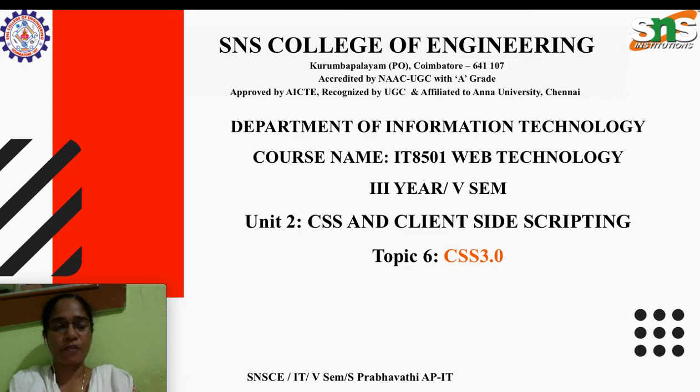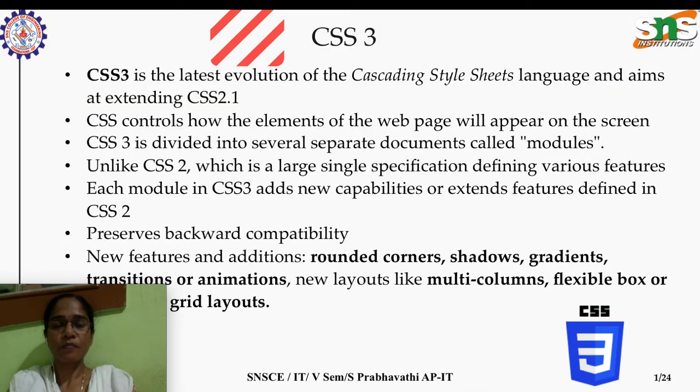So apart from the previous version CSS2, CSS3 has a lot of features. In that we are going to discuss few features, the most important features in CSS version 3. Cascading style sheet 3 is the latest evolution of CSS, and it is the extension of the previous version CSS 2.1. The main purpose of CSS, I think you could now answer it very well.